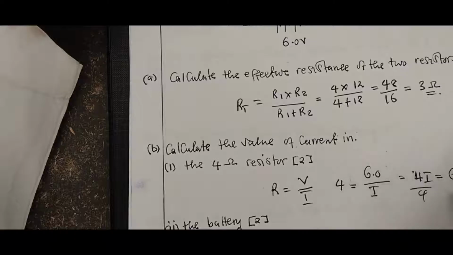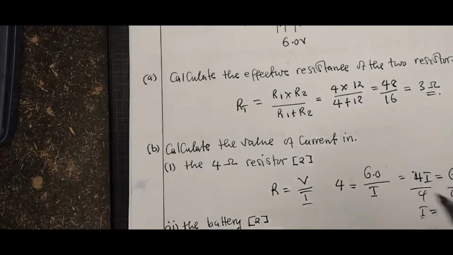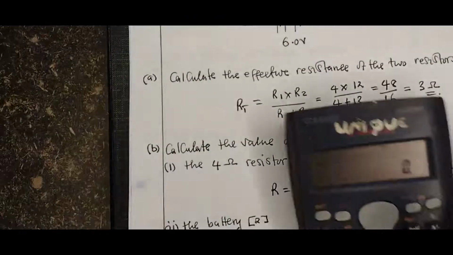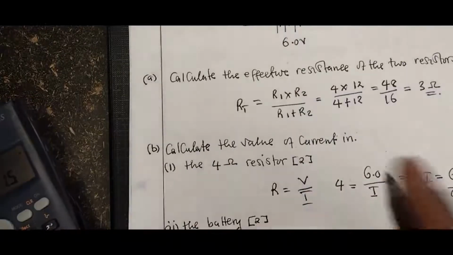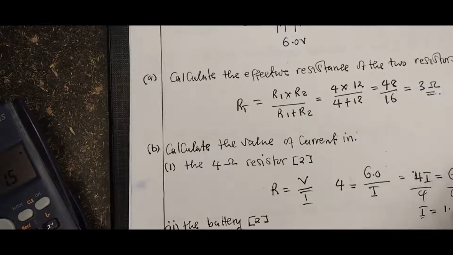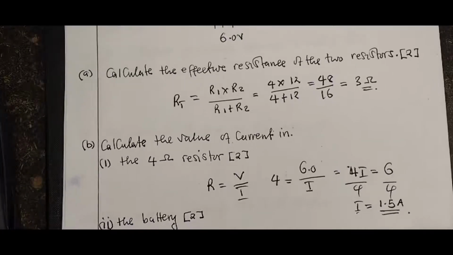If you divide by 4, you find the current is 6 divided by 4, which is 1.5. Therefore the current passing through 4 ohms is 1.5. The unit for current is amps or amperes, so in this case 1.5 amps.